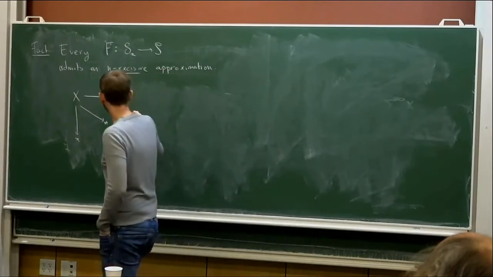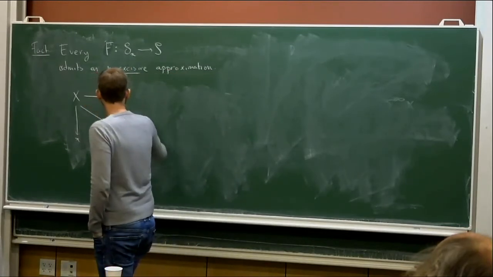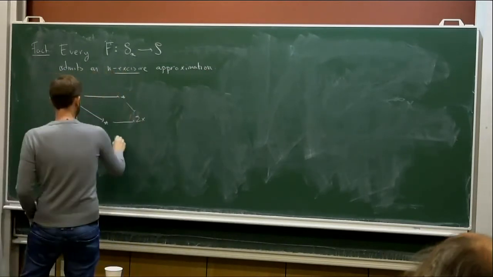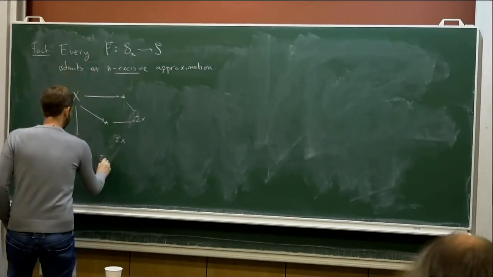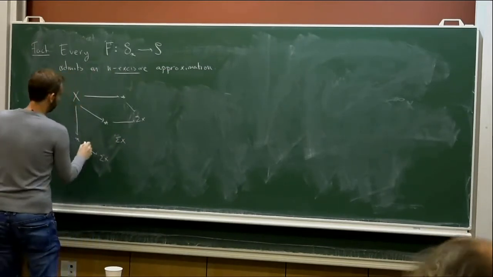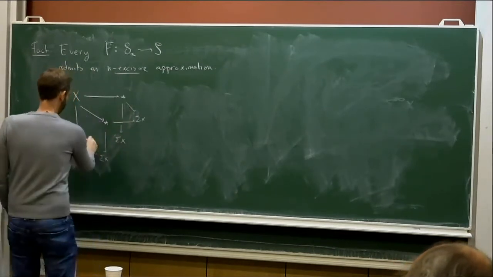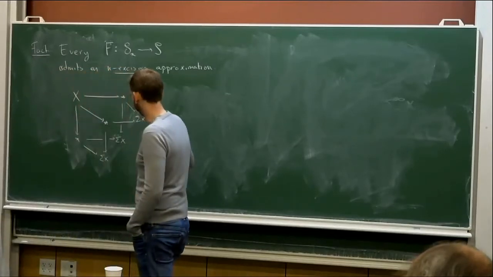So here I get suspension x. If I push out the back face, I get suspension x. And if I push out this face, I get suspension x. My cube goes like this. And the only mystery is what I get right here.